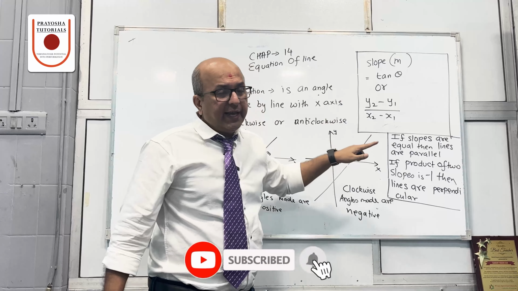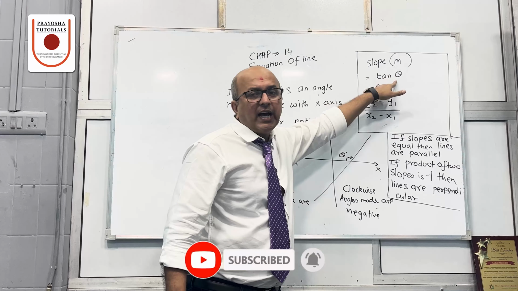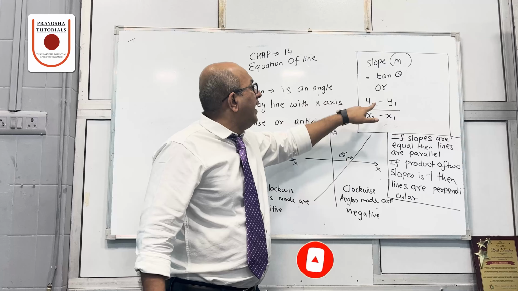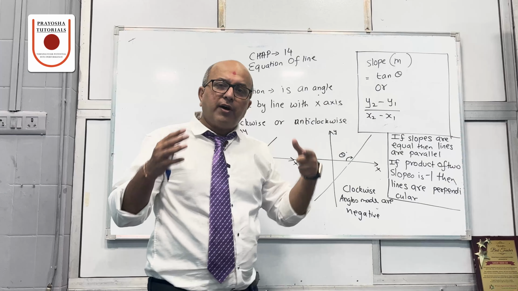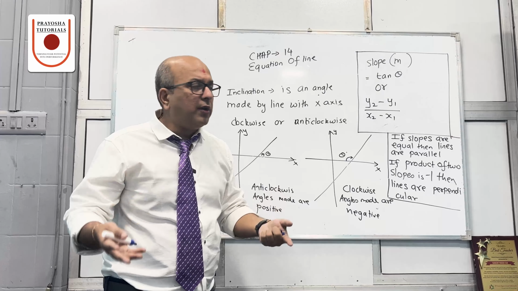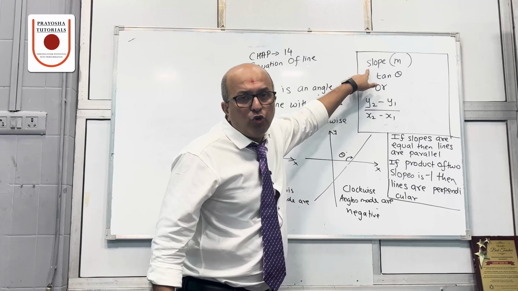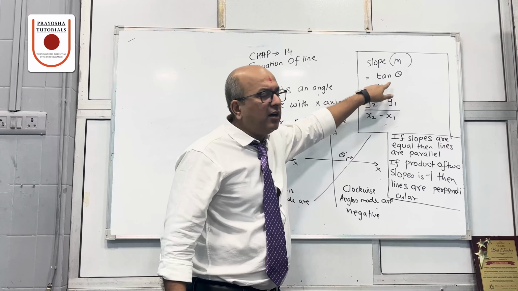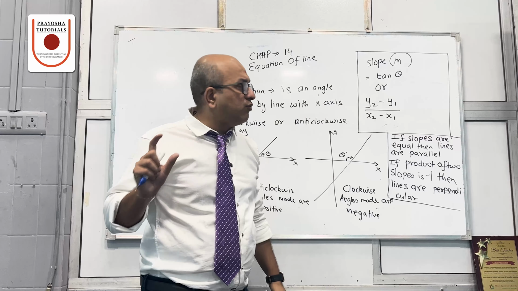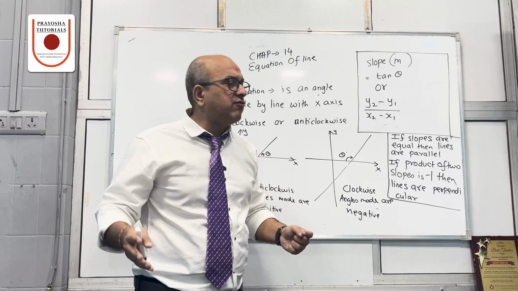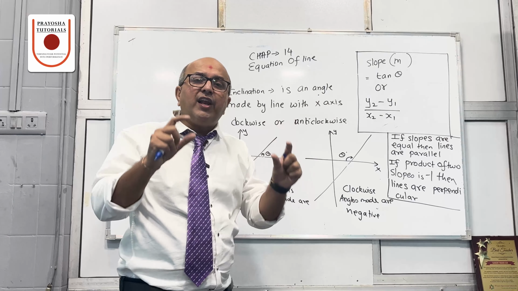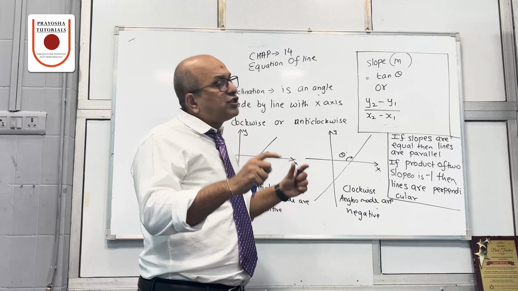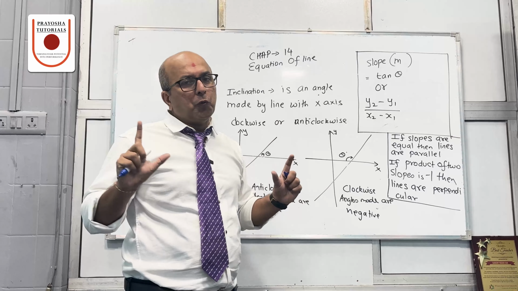The formula for slope is tan theta or y2 minus y1 upon x2 minus x1. One more time, the formula for slope is tan theta or y2 minus y1 upon x2 minus x1. So these two formulas determine the value of the inclination, which is called slope.